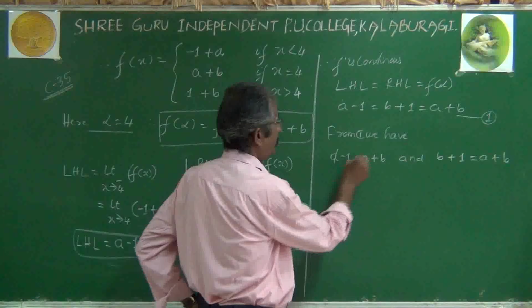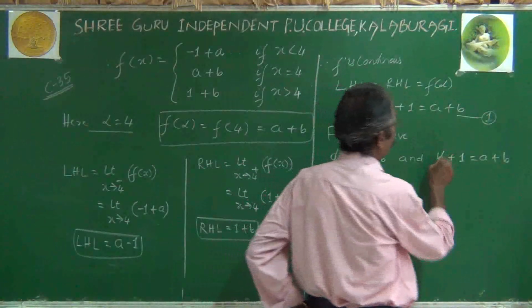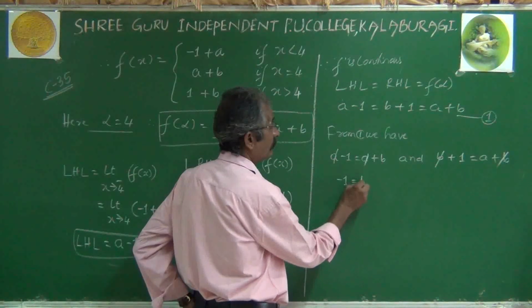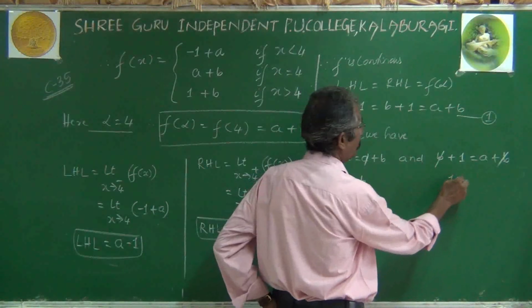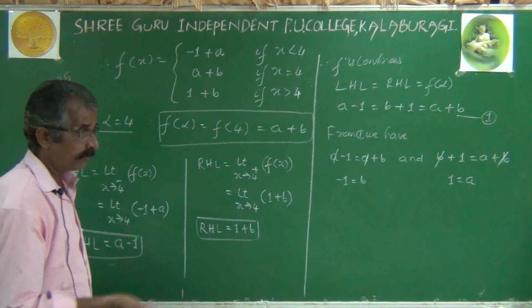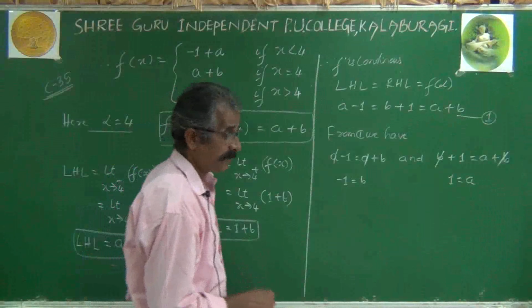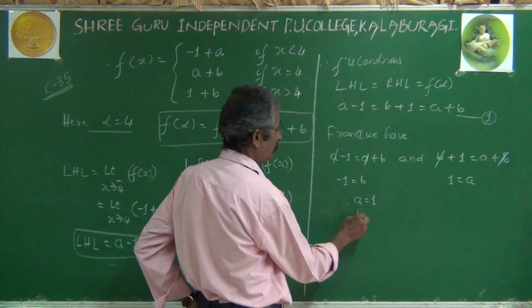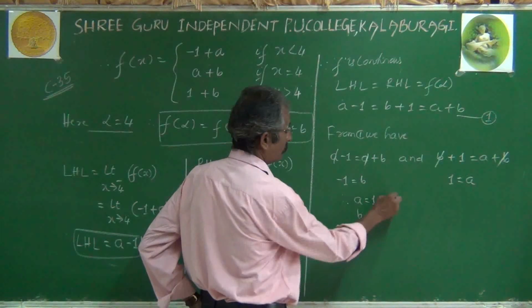Here a cancels, here b cancels, leaving minus 1 equal to b, and 1 equal to a. Minus 1 equal to b means b equal to minus 1, 1 equal to a means a equal to 1. Therefore, the values are a equal to 1, b equal to minus 1.